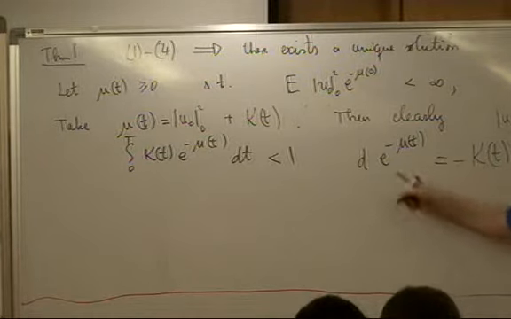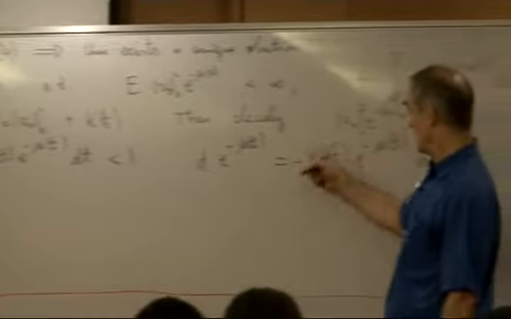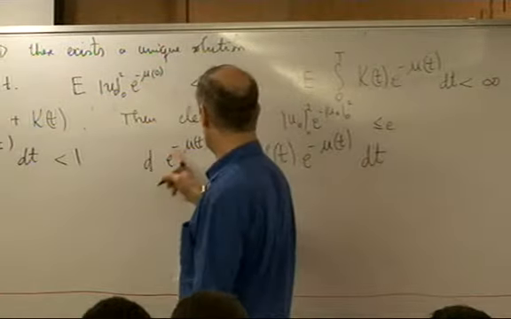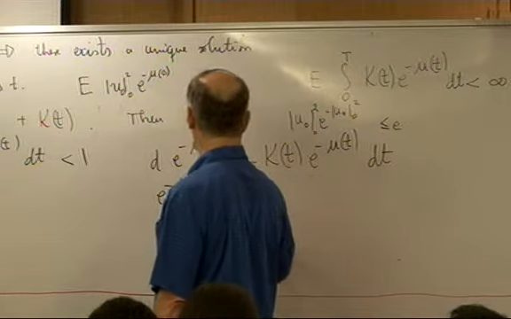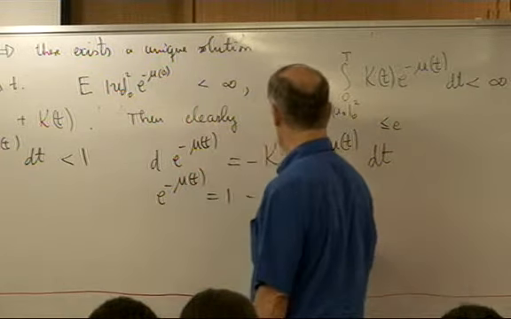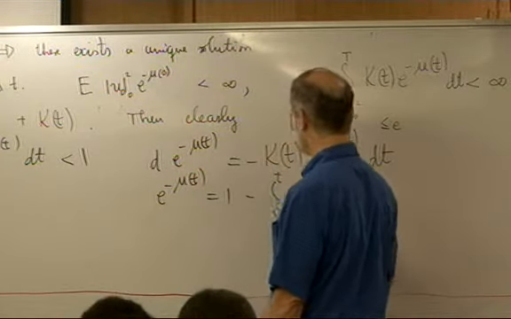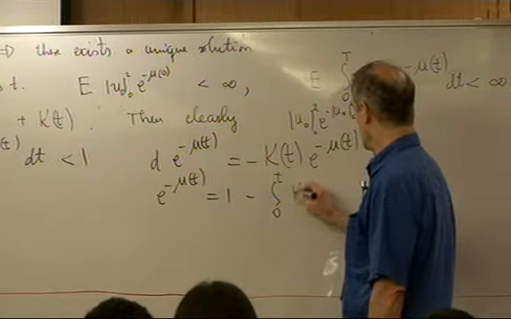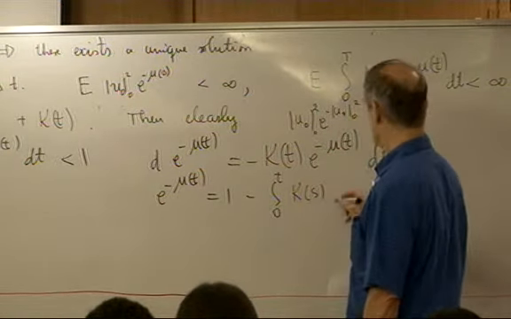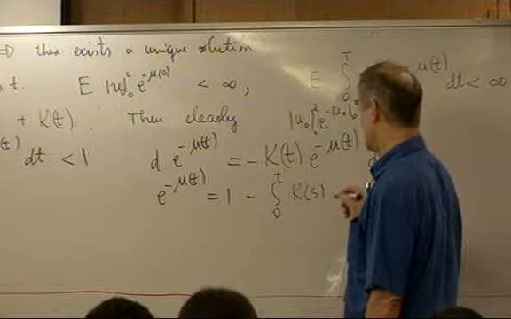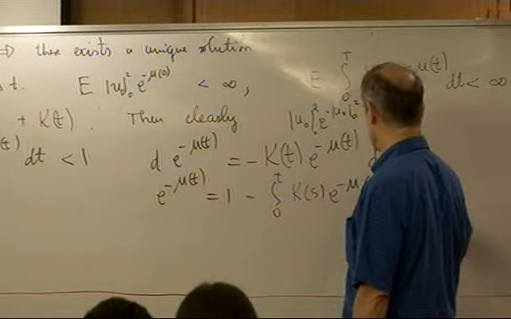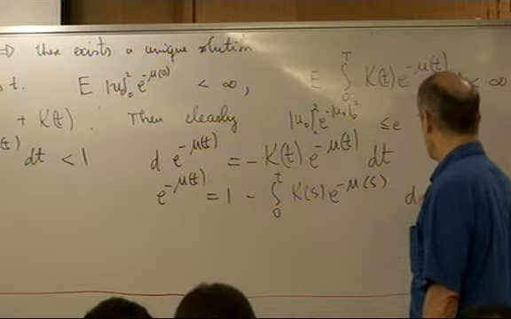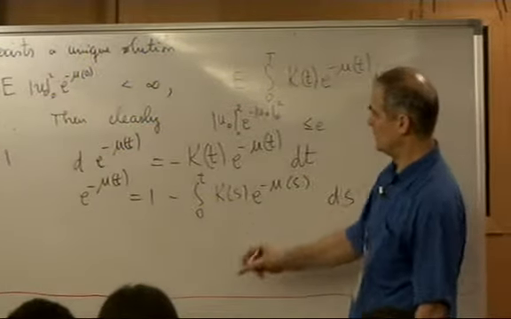So from here, one can immediately see that e to the minus mu_t equals 1 minus the integral from 0 to t of k_s times e to the minus mu_s ds.